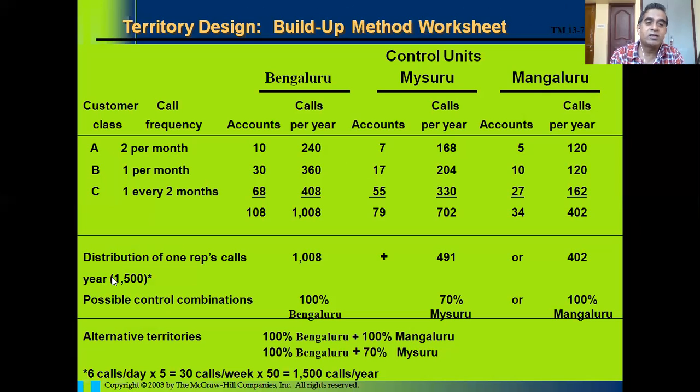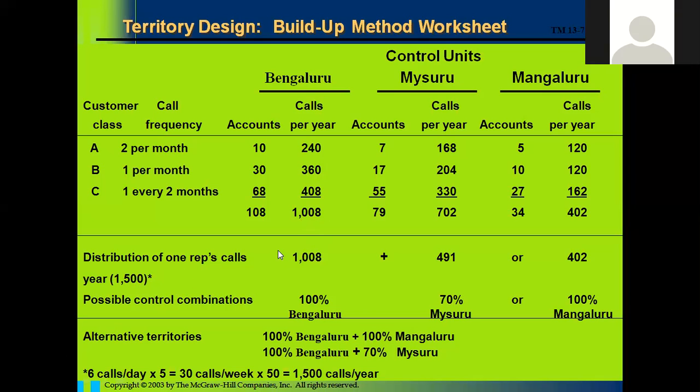How many sales calls do we have to allocate to each sales rep? 1,500 sales calls. Now in control unit Bengaluru, how many calls can a sales rep make per year? 1,008. Is it equal to 1,500? No, sir.